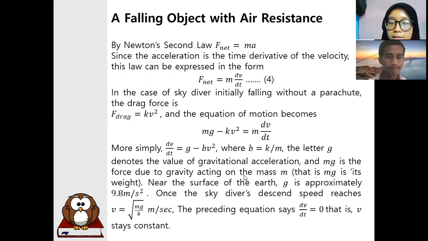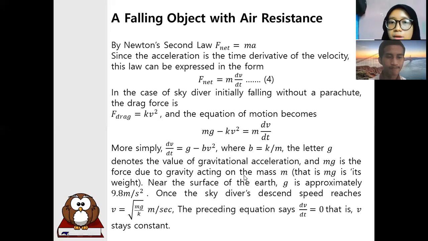More simply, the derivative of v with respect to t equals g minus b times v squared, where b equals k over m. The letter g denotes the value of gravitational acceleration, and mg is the force due to gravity acting on the mass m, that is, mg is its weight.